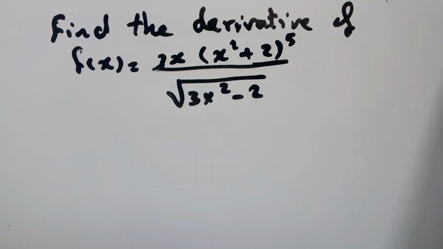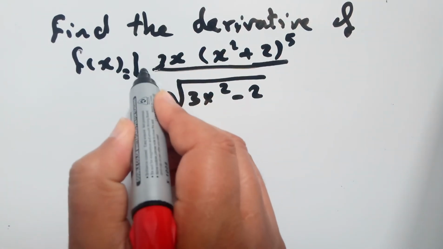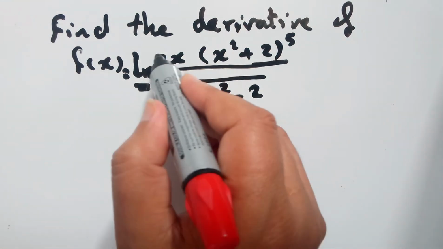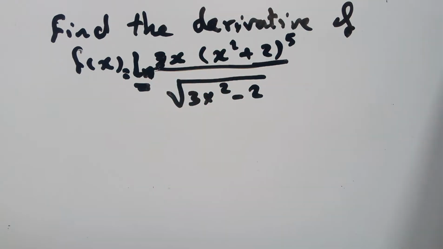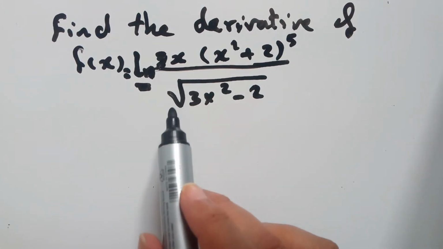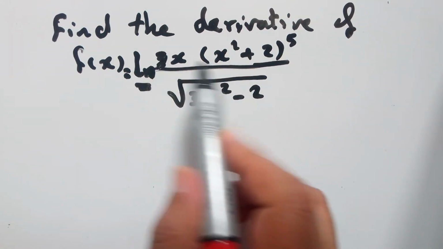And before then, we have here ln of this function, 3x multiplied by this function. We have to get this derivative. Now you will use the rules for the product, and this is a product, then you will add them.